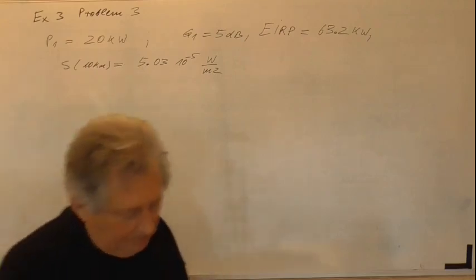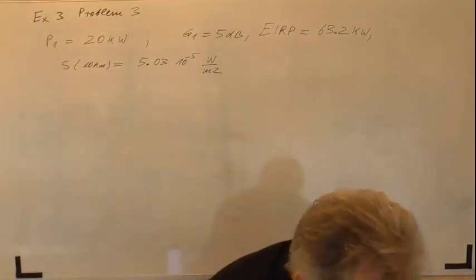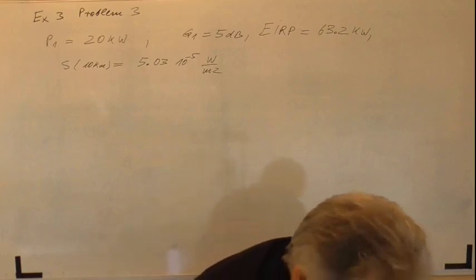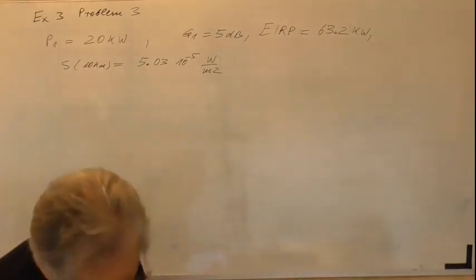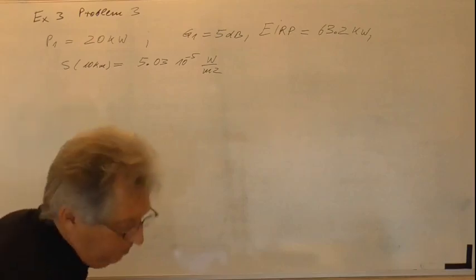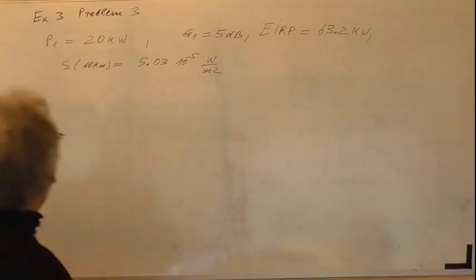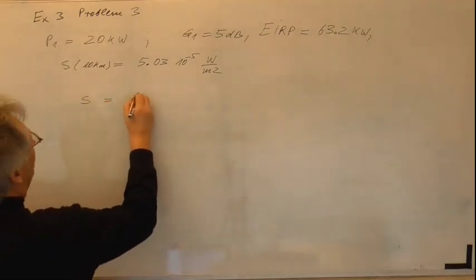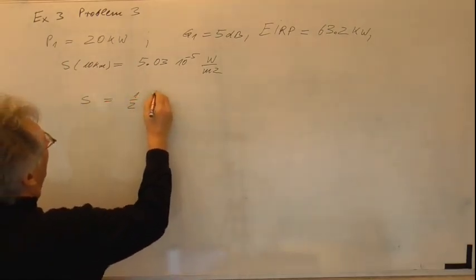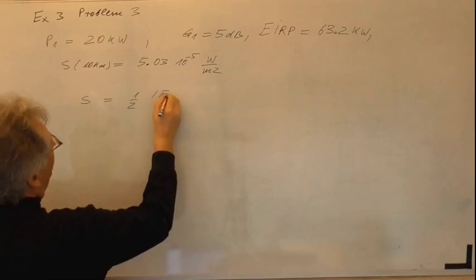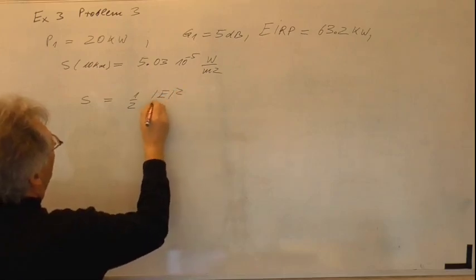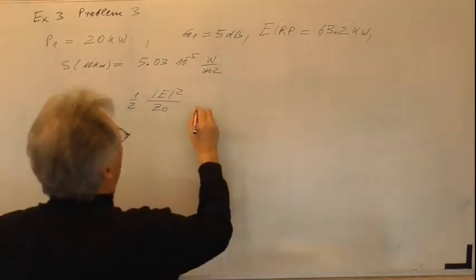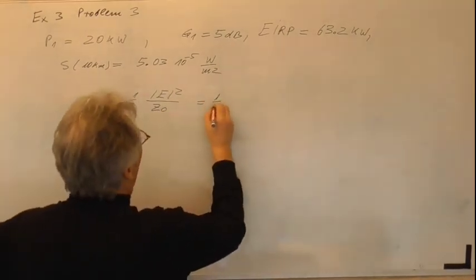So we can say that to calculate the time average Poynting vector S, we can use the equation: 1/2 absolute value of the electric field squared divided by Z naught.